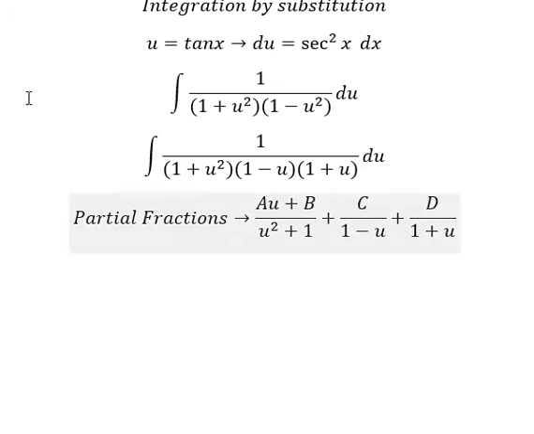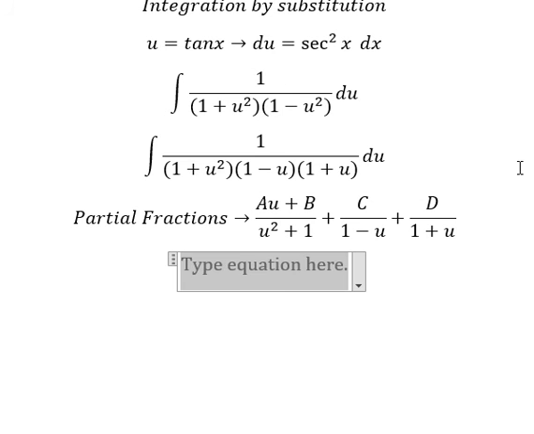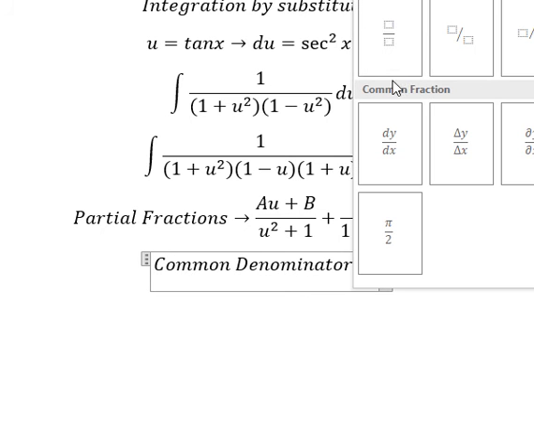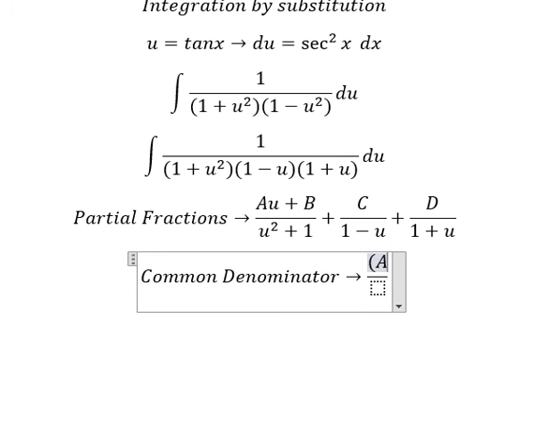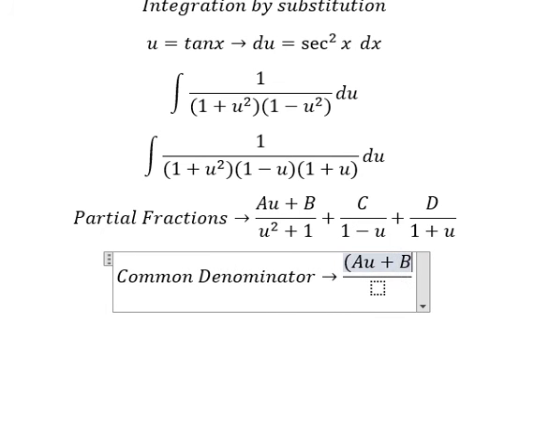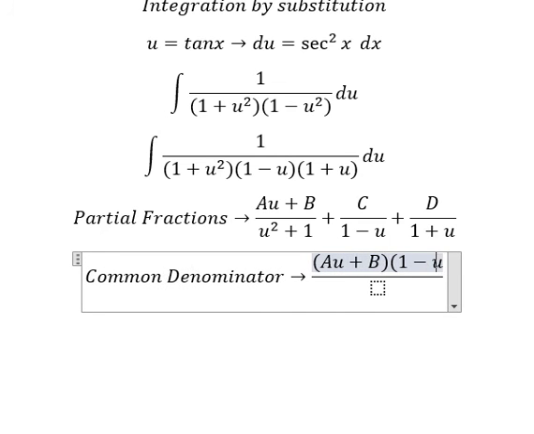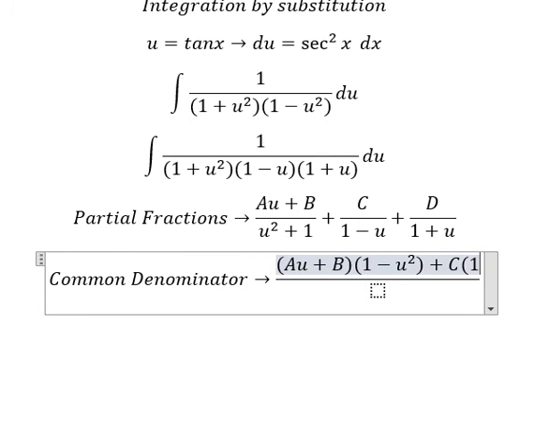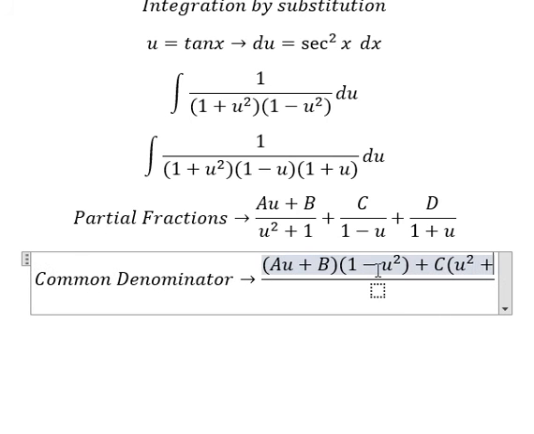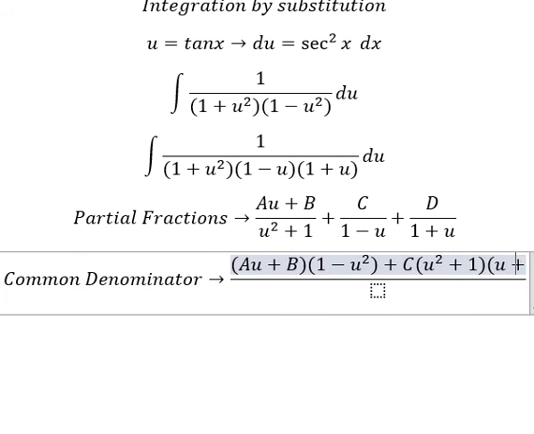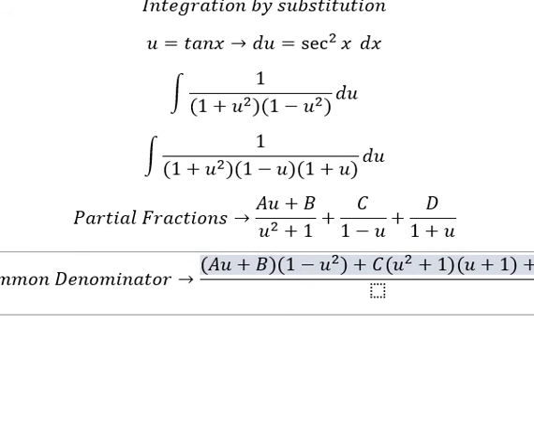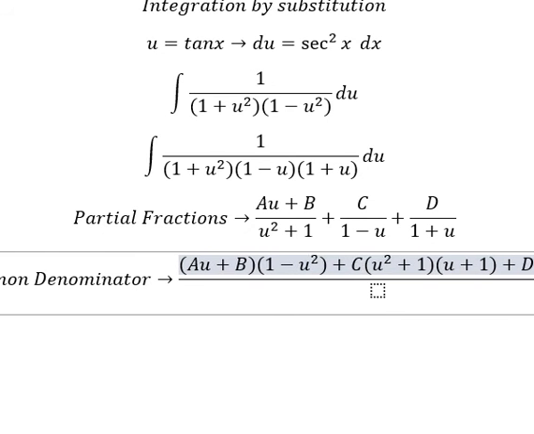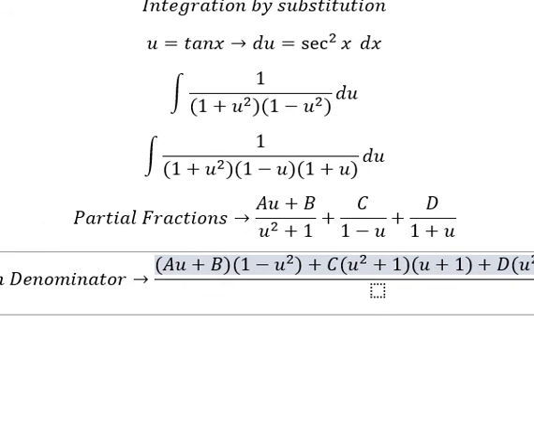And now we do the common denominator. So we have a u plus b multiplied by 1 minus u squared, C multiplied by u squared plus 1 and u plus 1, D multiplied by u squared plus 1 and 1 minus u.